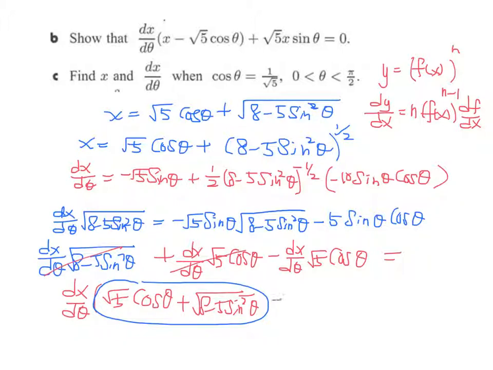The remaining term is root 5 cosine theta, and now immediately you see that this is dx d theta times x minus root 5 cosine theta, and I urge you to do the same with the right hand side, so that you will somehow get something like this, root 5 x times sine theta.